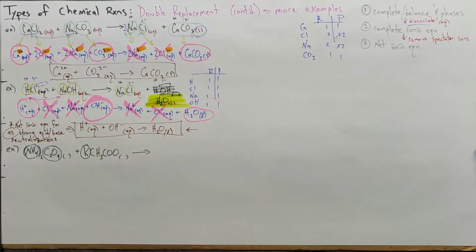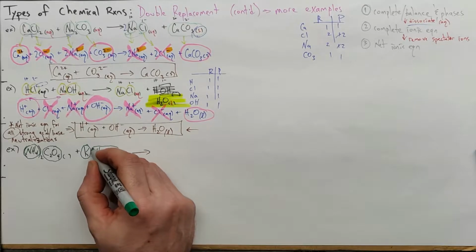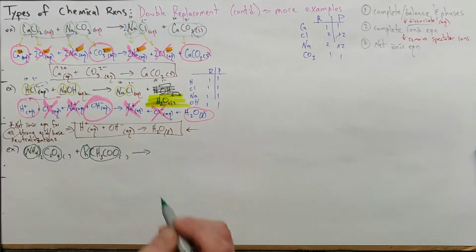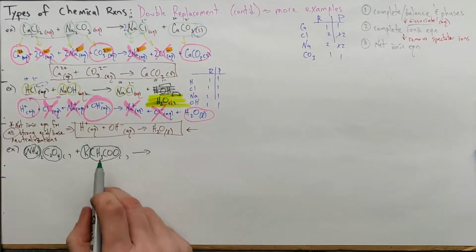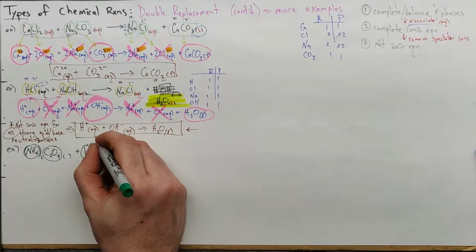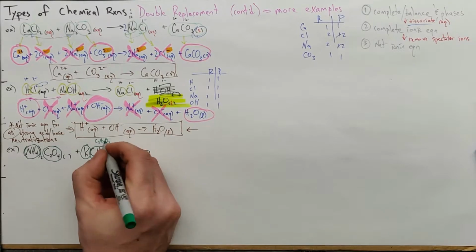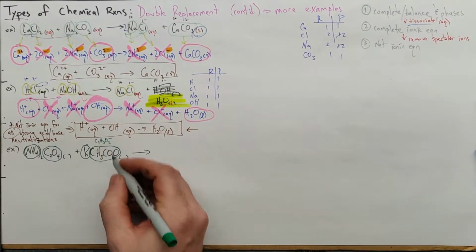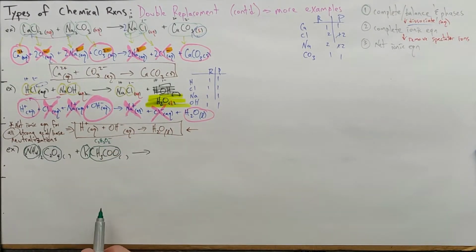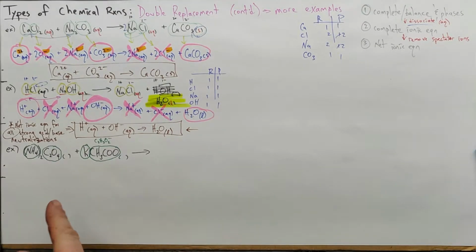Potassium is an ion, and CH3COO, the acetate polyatomic ion, is that. And you might also see that as C2H3O2. I think in one of the stoichiometry videos, I talked about why we often write it as CH3COO as opposed to C2H3O2. Okay? Those are our pieces.